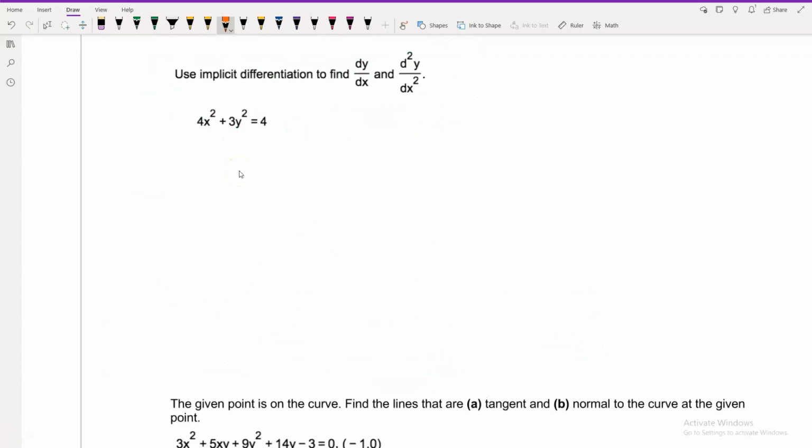Use implicit differentiation to find first derivative of y with respect to x and second derivative of y with respect to x. Here we have 4x squared plus 3y squared equal to 4. Here derivative of 4x squared is 8x plus derivative of 3y squared is 6y times dy divided by dx, equal to derivative of 4, which is 0.